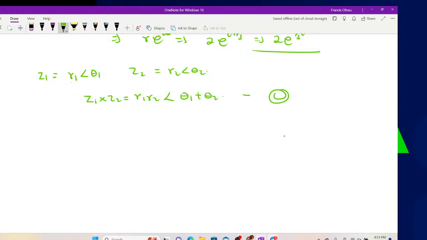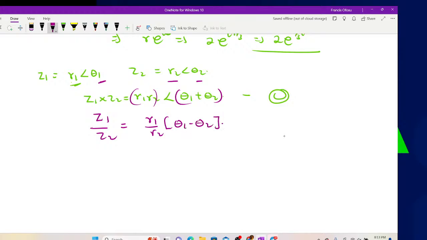If you are multiplying two complex numbers in their polar form, we simply multiply the moduli, then we add the arguments. If you have z1 over z2, that is division, you have r1 over r2, then you subtract the angles, theta 1 minus theta 2, as simple as that.